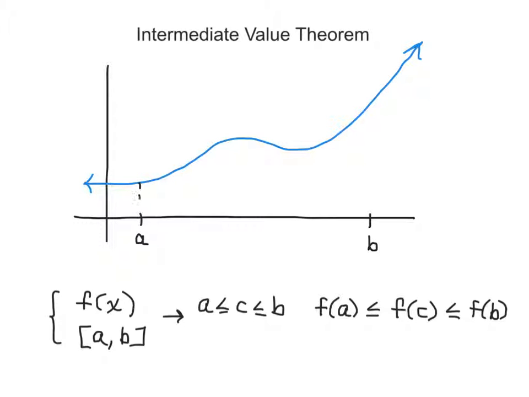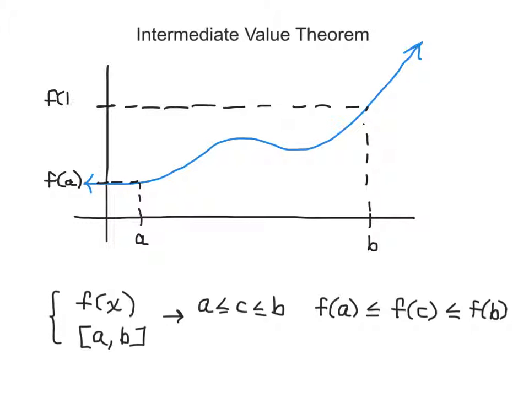And a has a height, f of a, and when x equals b, we have a height, it's a freehand here, f of b.